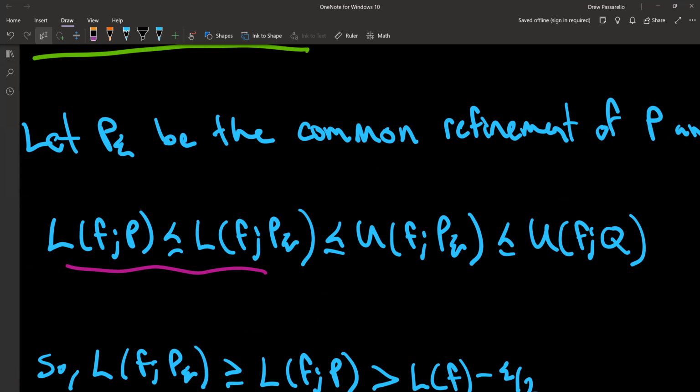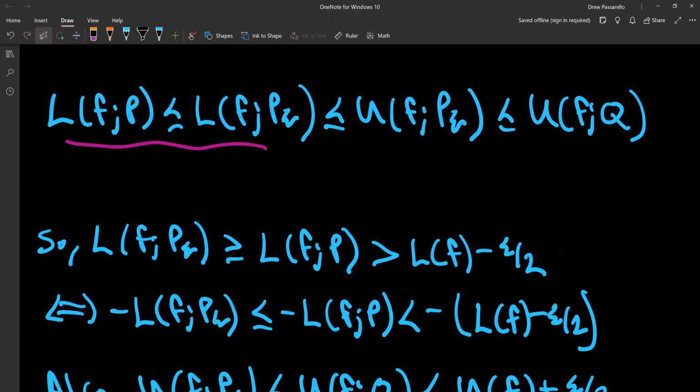And that partition P is such that its lower sum is greater than L of f minus epsilon over 2. So then that's if and only if I multiplied everything by a negative, which reversed the inequality signs.